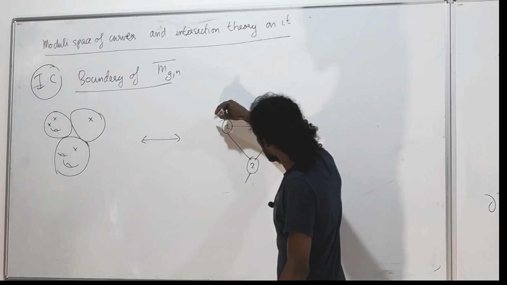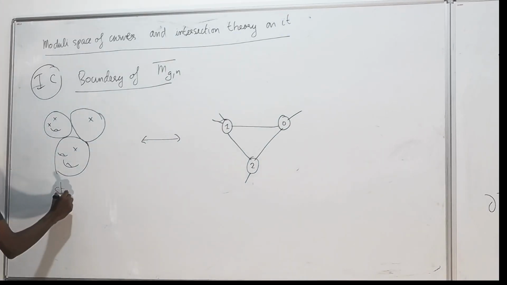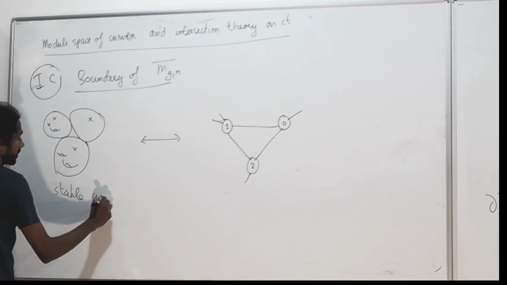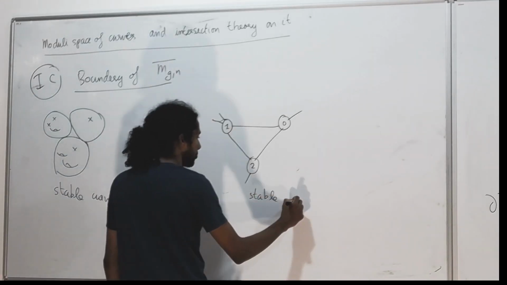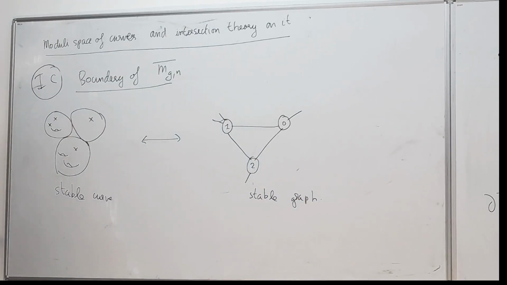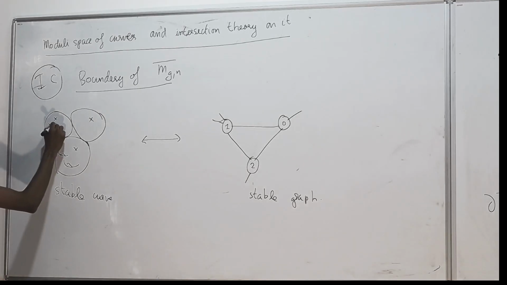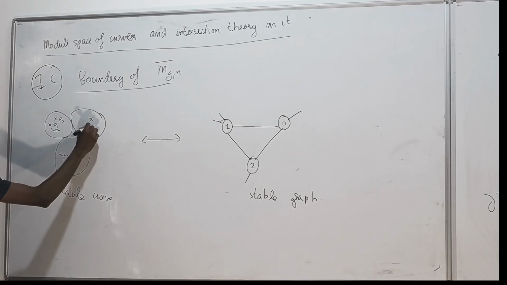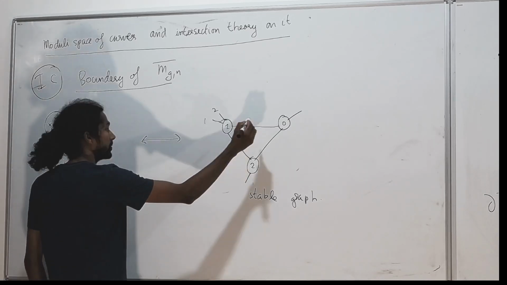This is called a stable graph. If I have P1, P2, P3, P4, then I will just write them as 1, 2, 3, 4.